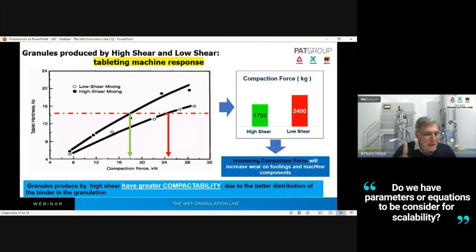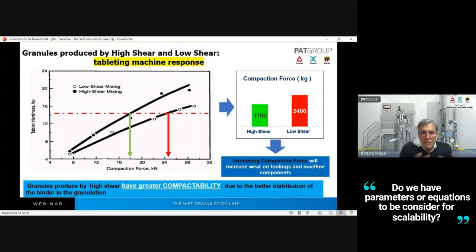Another approximation could be the flow number constant. Flow number is a number that comes from chemical engineering. It is the centrifugal force divided by the gravity.